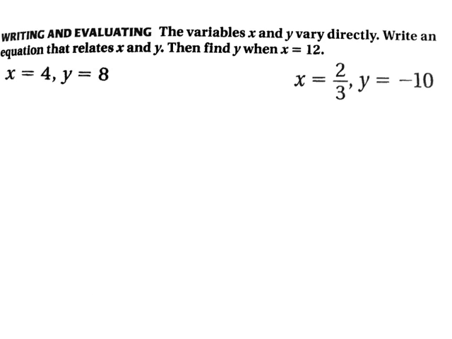So we get to this and it says the variables x and y vary directly. Write an equation that relates x and y, then find y when x equals 12.